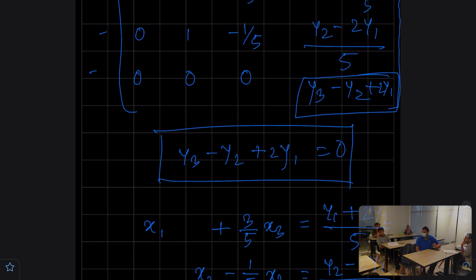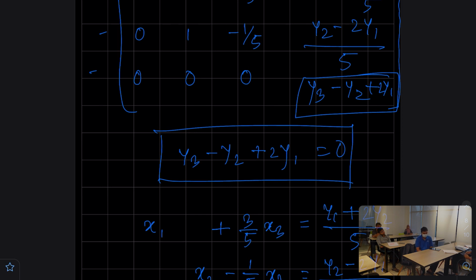Yeah, so it is called a consistency condition for the system to admit a solution. If it is not equal to 0, this inhomogeneous system of linear equations will not admit any solution.